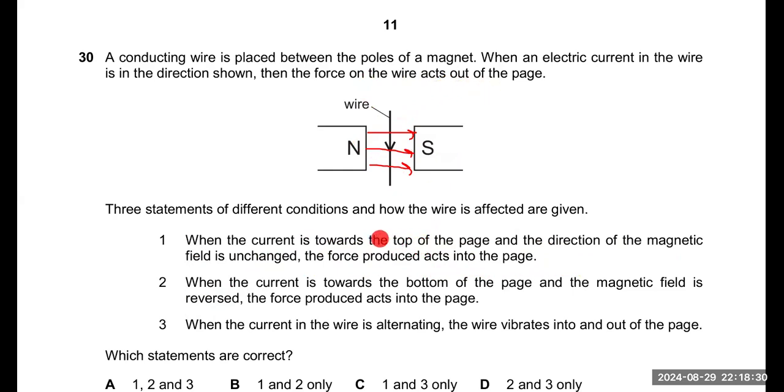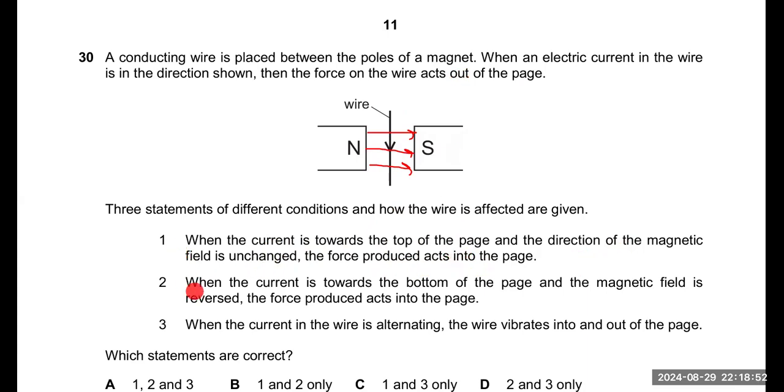Here you are changing the direction of the current from bottom to top, with the magnetic field unchanged, so the force on the wire will be into the page, and earlier it was out of the page. So the direction of force will be reversed.